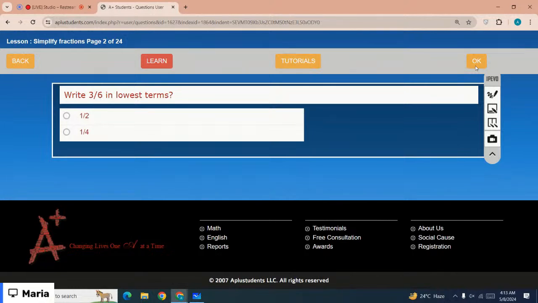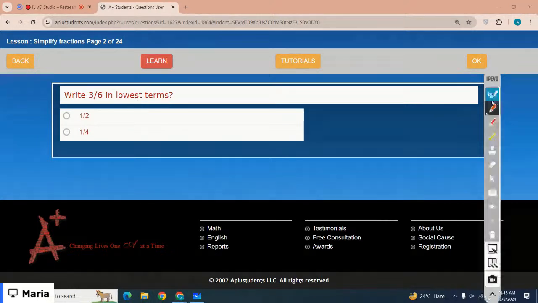So 3 times 1 is 3 and 3 times 2 is 6. So 3 divided by 3 is 1 and 6 divided by 3 is 2. So the correct option is 1 over 2. Option number 1 is the correct option.